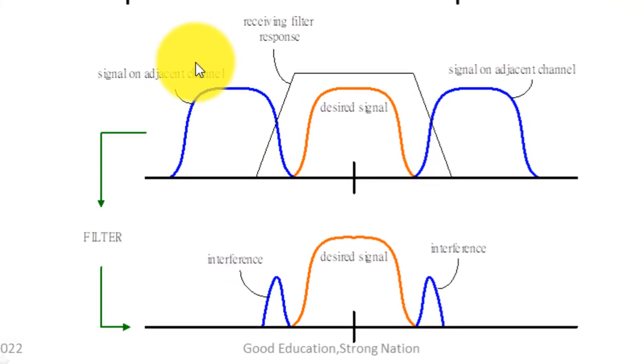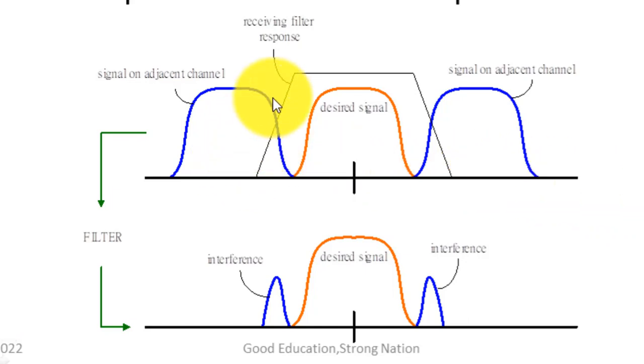This particular figure is showing how adjacent channel interference happens. Let us say these shapes represent several frequency bands or channels over which different users' signals might pass. But all mobile equipment must utilize filters in order to get a particular frequency band signal and reject all others.